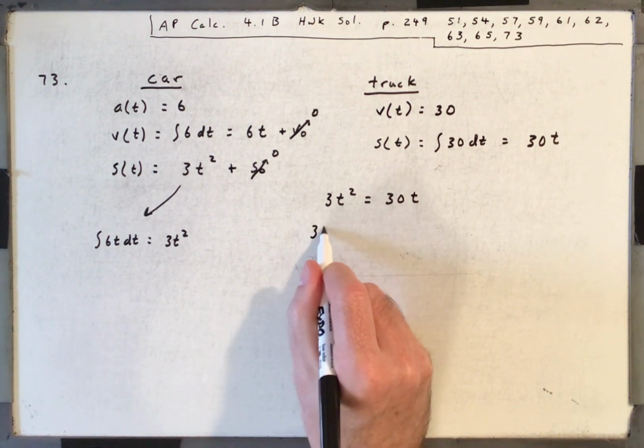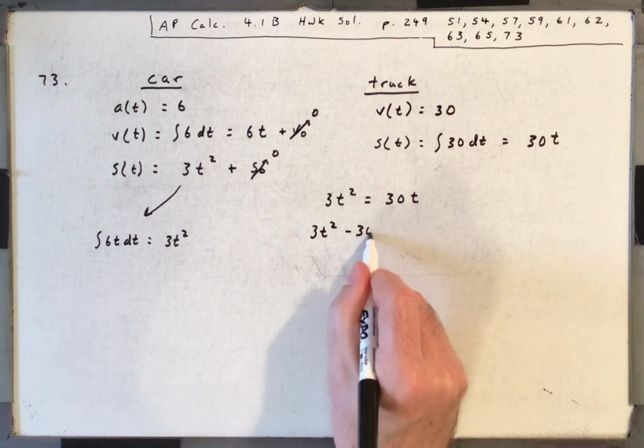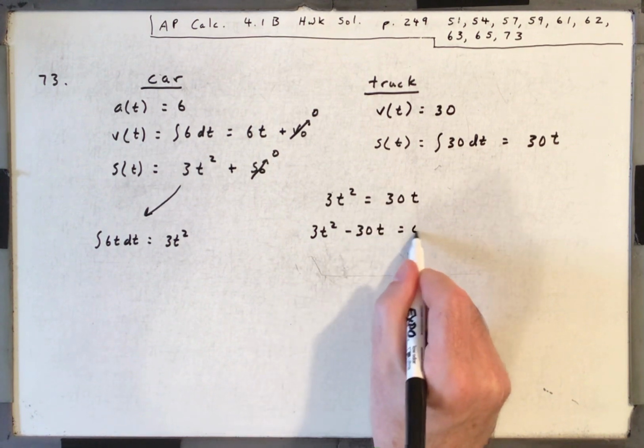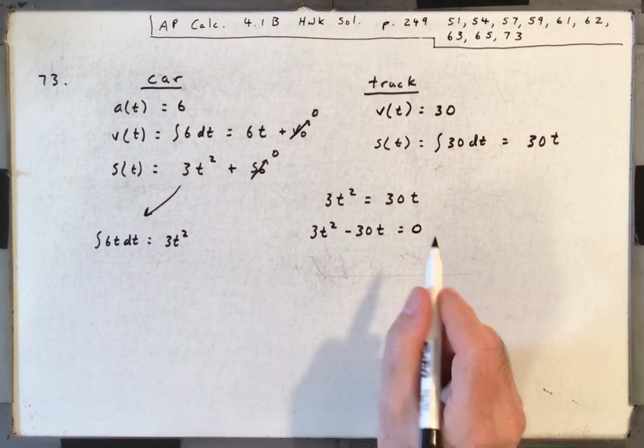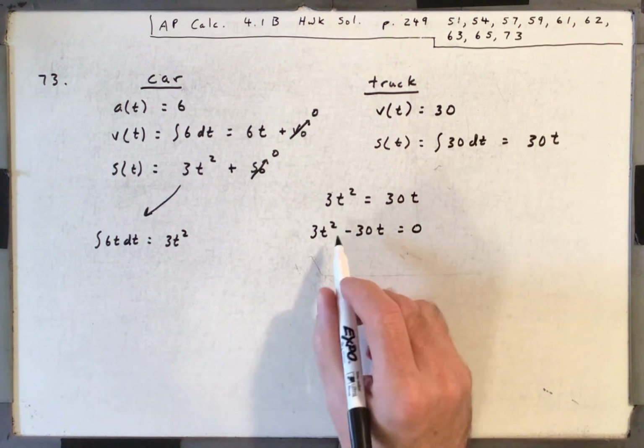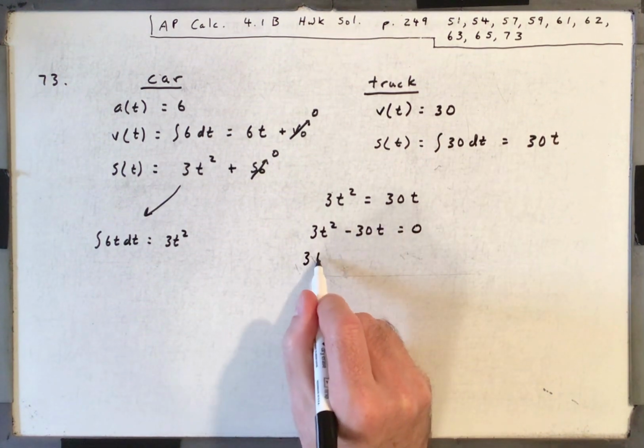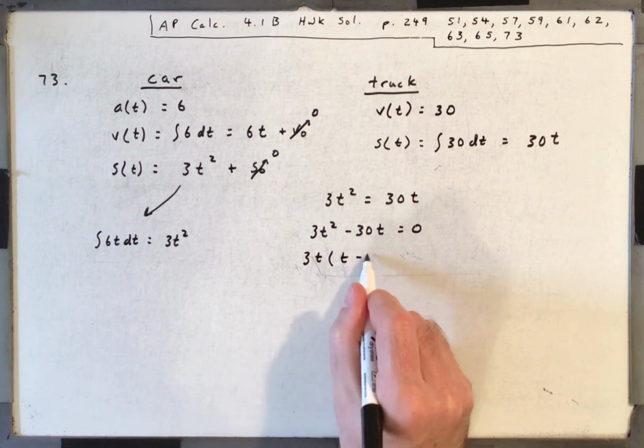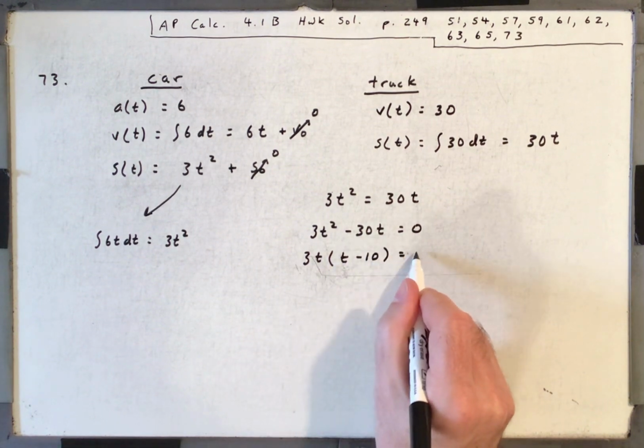So we could say 3t squared minus 30t is equal to 0. You also might be able to just look at that and do it in your head, but let's factor out a 3t. We'd have t minus 10 is equal to 0.